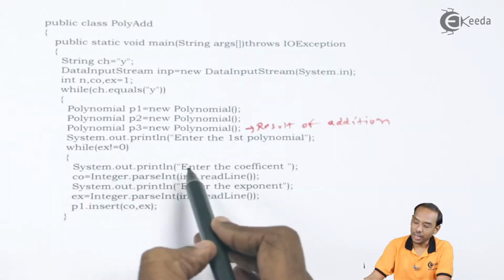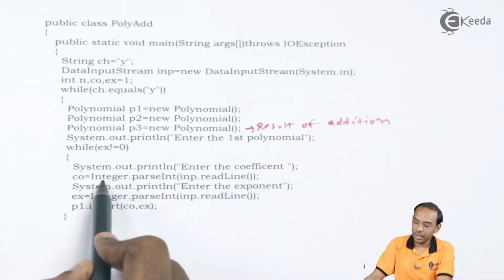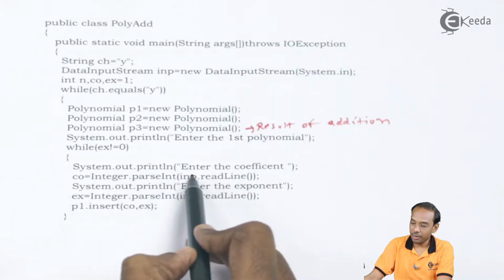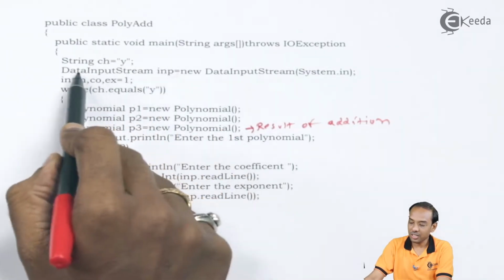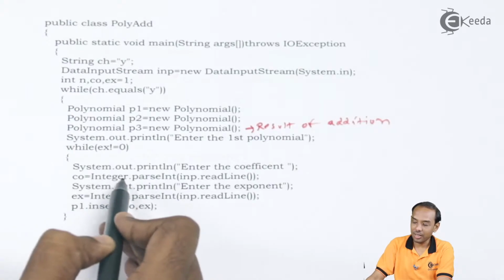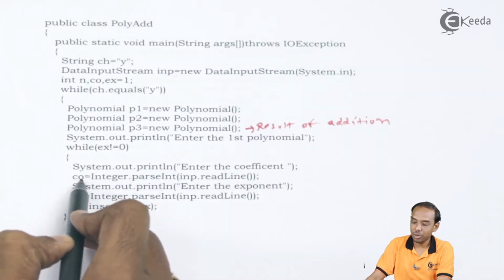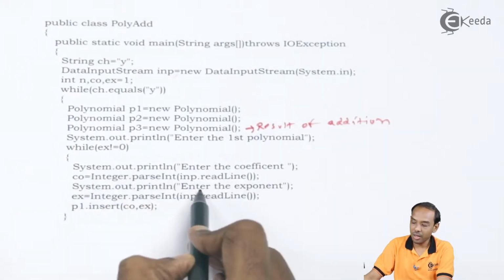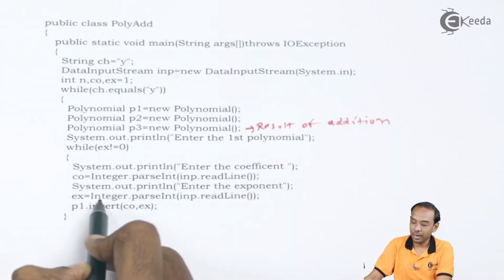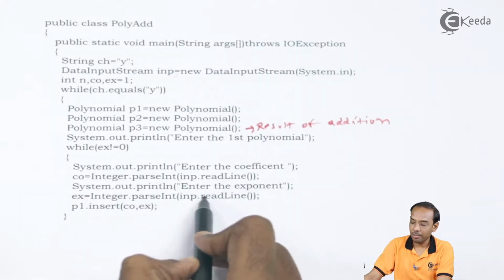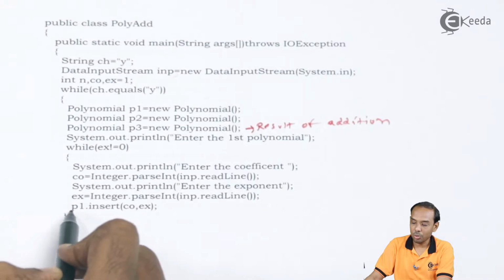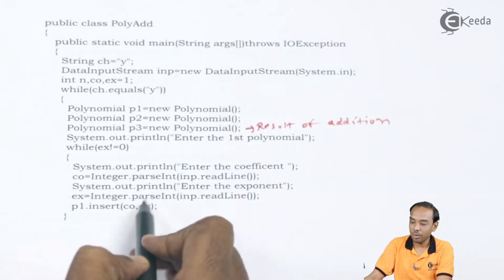So I'm going to write enter the coefficient. Integer.parseInt of inp, that is the object of which class? DataInputStream dot readLine, that will be converted to an integer and given to co. Similarly, the exponent part will be taken with Integer.parseInt inp.readLine and given to ex. So the polynomial will insert co comma ex.